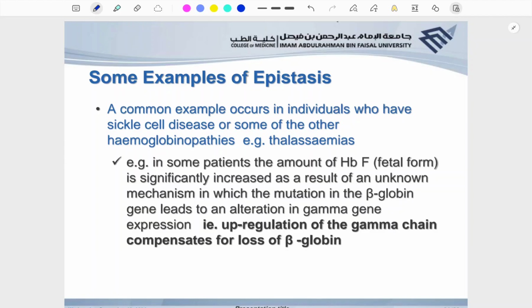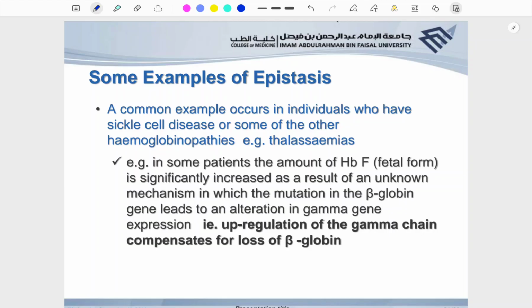After 10 years, when it drops below 25 or 20, I calculated here 18.5, if it goes below 20%, then the symptoms of sickle cell anemia start appearing. There isn't enough fetal hemoglobin now to inhibit polymerization of sickle hemoglobin. So this is an epistasis effect. You understand? This is an epistasis effect.